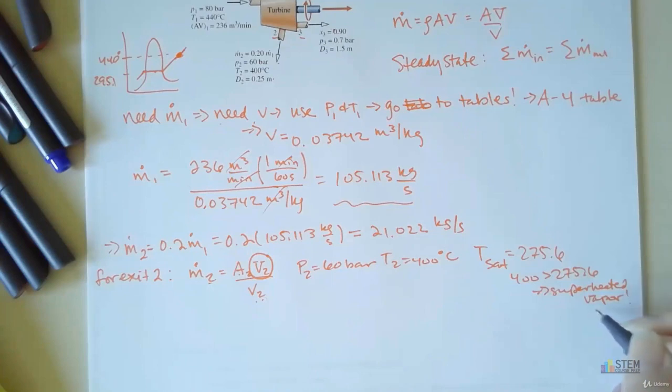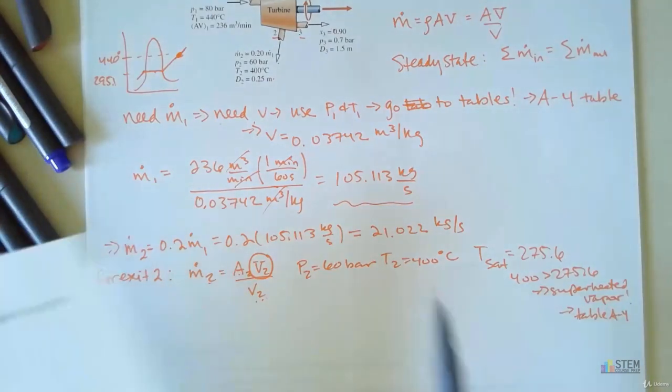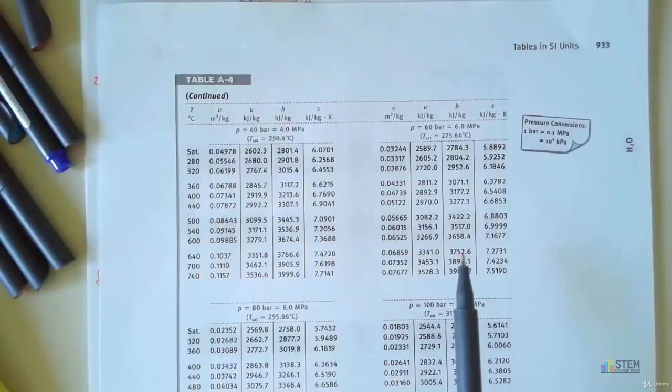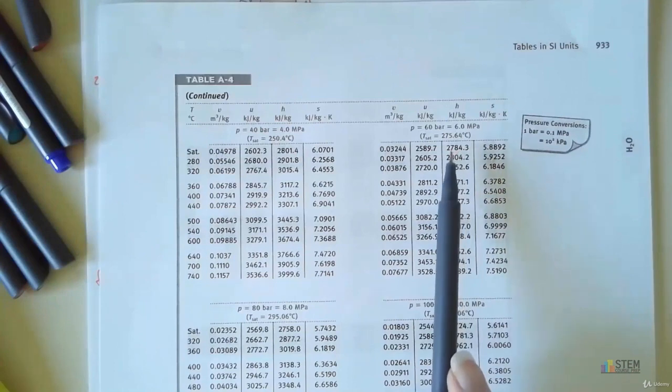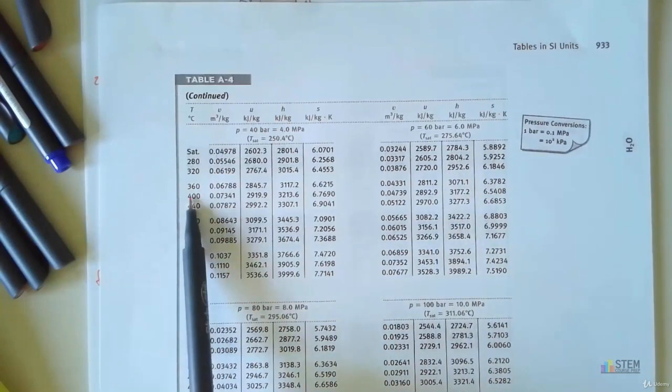That takes us to table A4. Then you just look up your values here. We're at a pressure of 60 and a temperature of 400. Here is the pressure of 60, and we've got 400 right here.